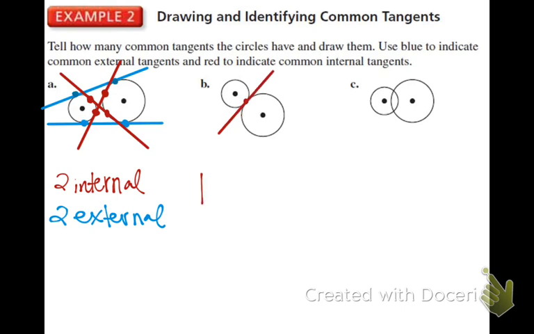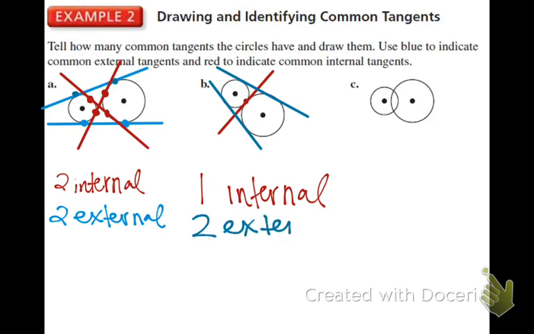So we have one internal tangent. I'm telling you, this is the same pattern over and over again. So you will catch on to it and be able to see it. Are there any external tangents? Yes. How many? 2 of them. There's one on this side, and then there's one on this side. So 2 external.